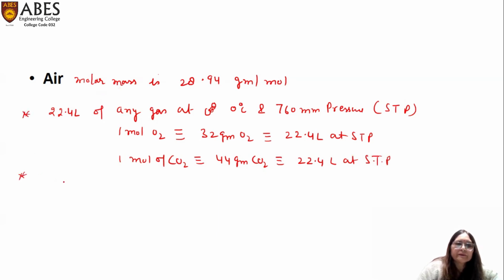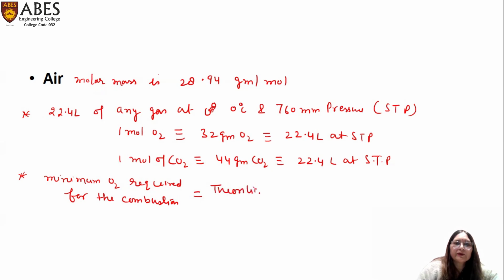Next point is minimum oxygen required for the combustion is equal to theoretical oxygen required minus oxygen present in the fuel.